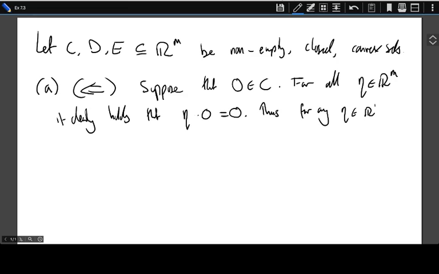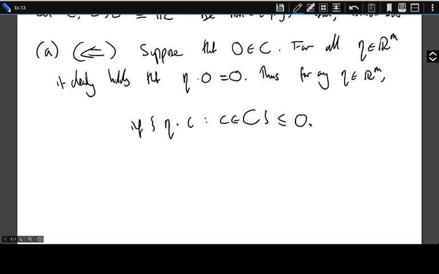Thus, for any eta in Rm, the infimum of the product of eta and C, for C in C, is less than or equal naught. Because we know that at least there is one vector C for which it is equal naught, and the infimum should be less than or equal that.